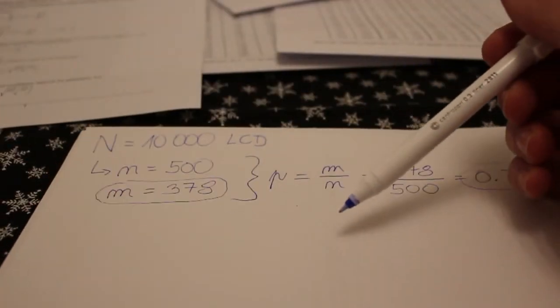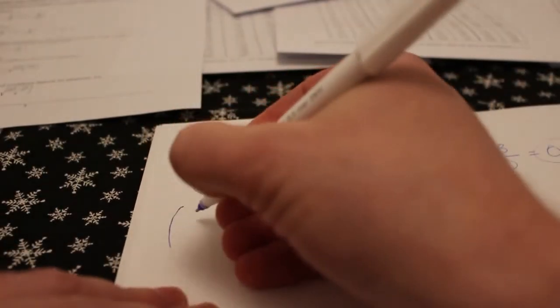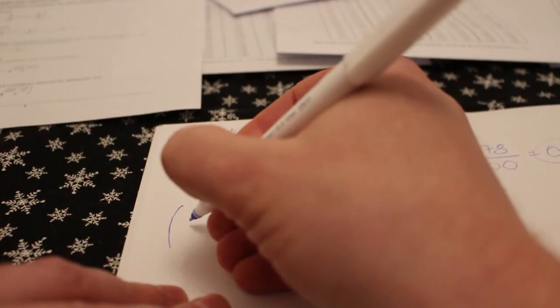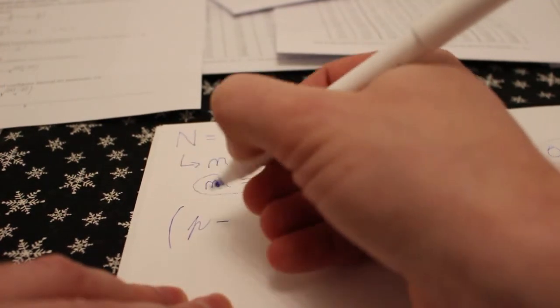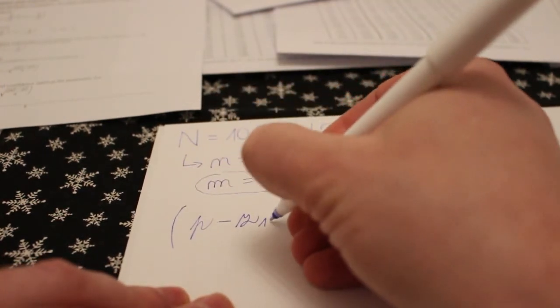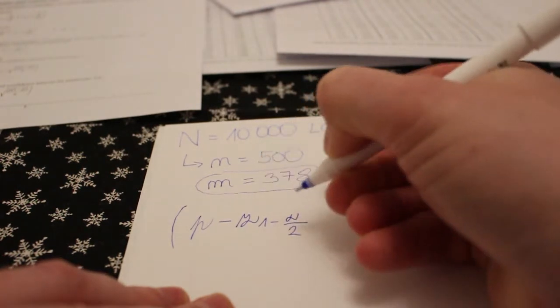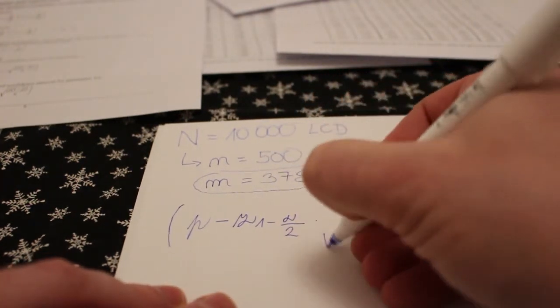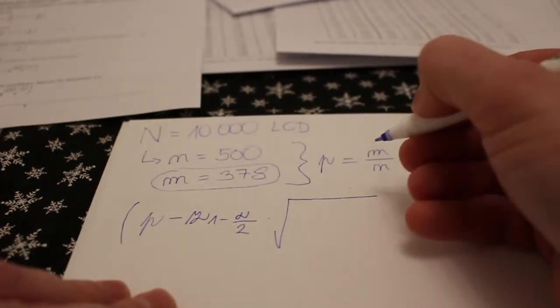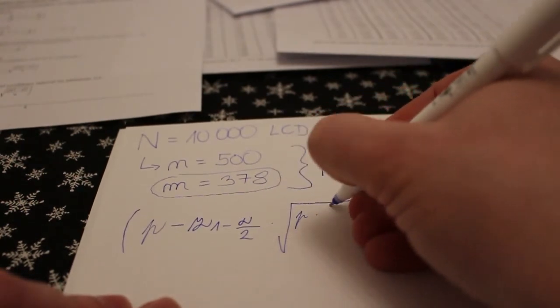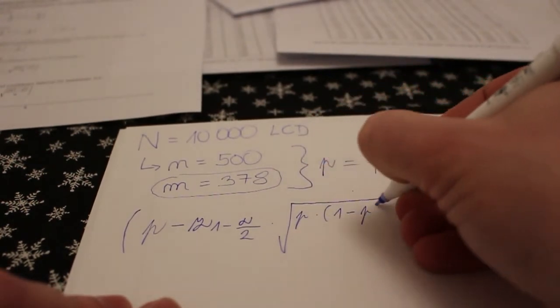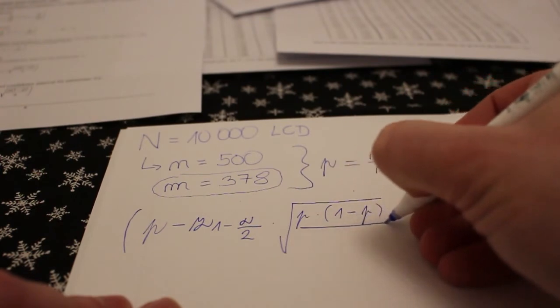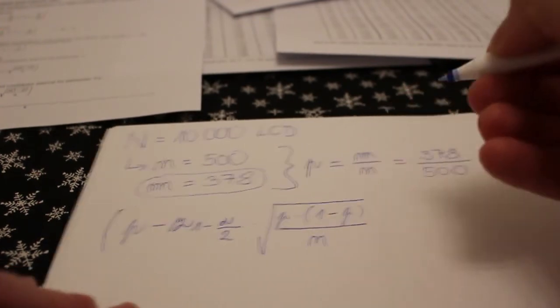What's written here? Left side, proportion minus Z, 1 minus alpha divided by 2, times square root, and there is proportion times 1 minus proportion divided by n.